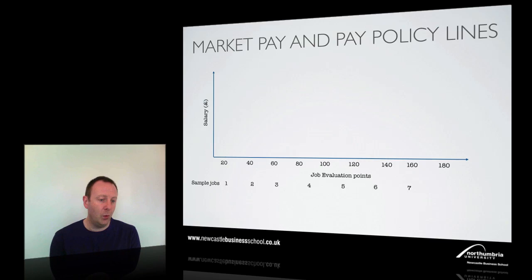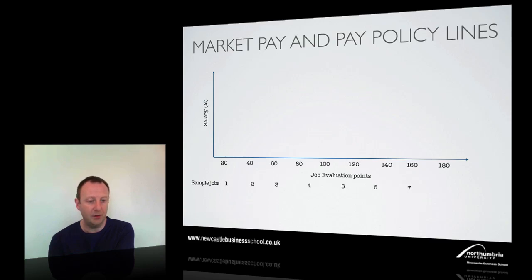We would typically want to have a minimum of 2 jobs from the bottom, 2 jobs from the middle, and 2 jobs from the top to make sure that we don't get any significant errors having an extreme impact upon the survey data that we collect.